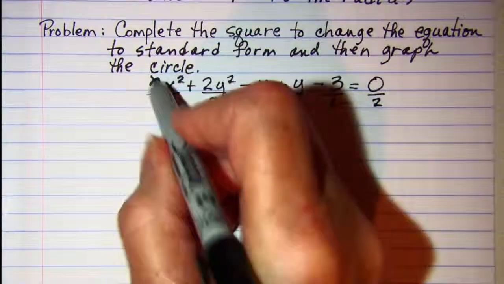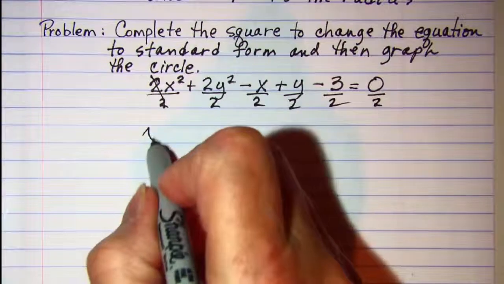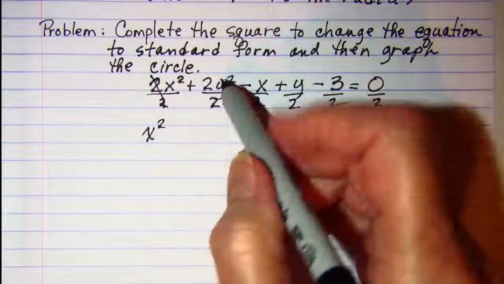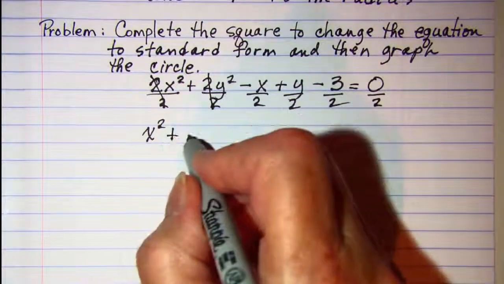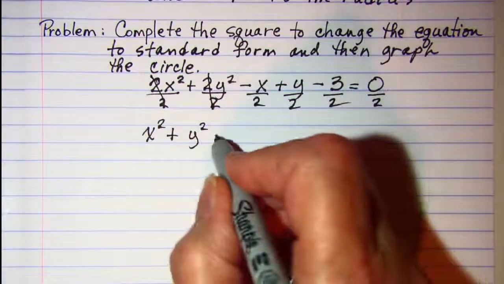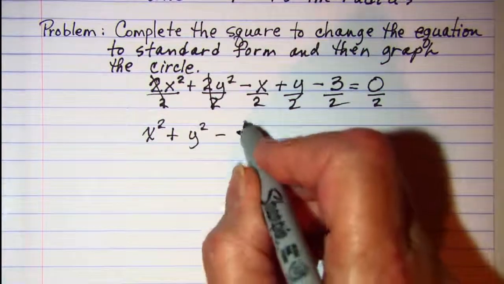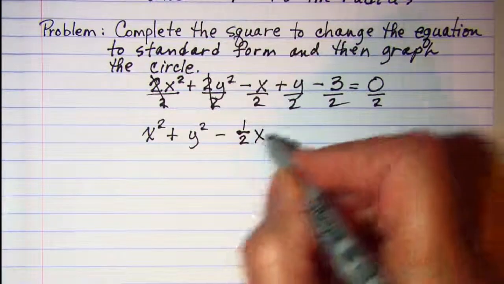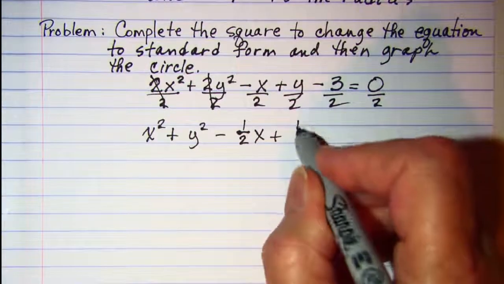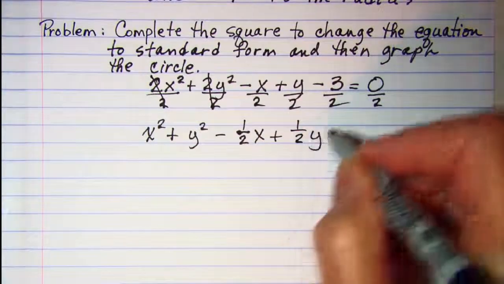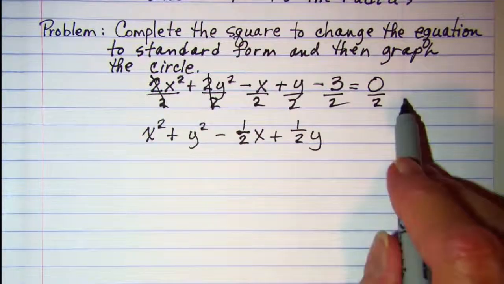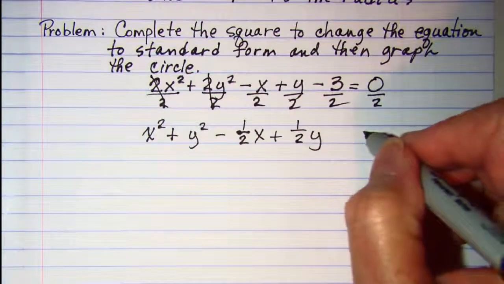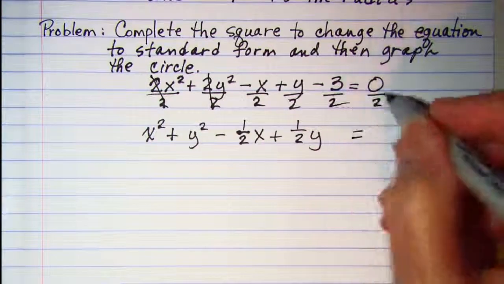So these will cancel, and I have x squared. These will cancel, and I have plus y squared. Then minus 1/2 x plus 1/2 y. And I'm going to go ahead and put this constant term on the right side. So equals a positive 3/2.